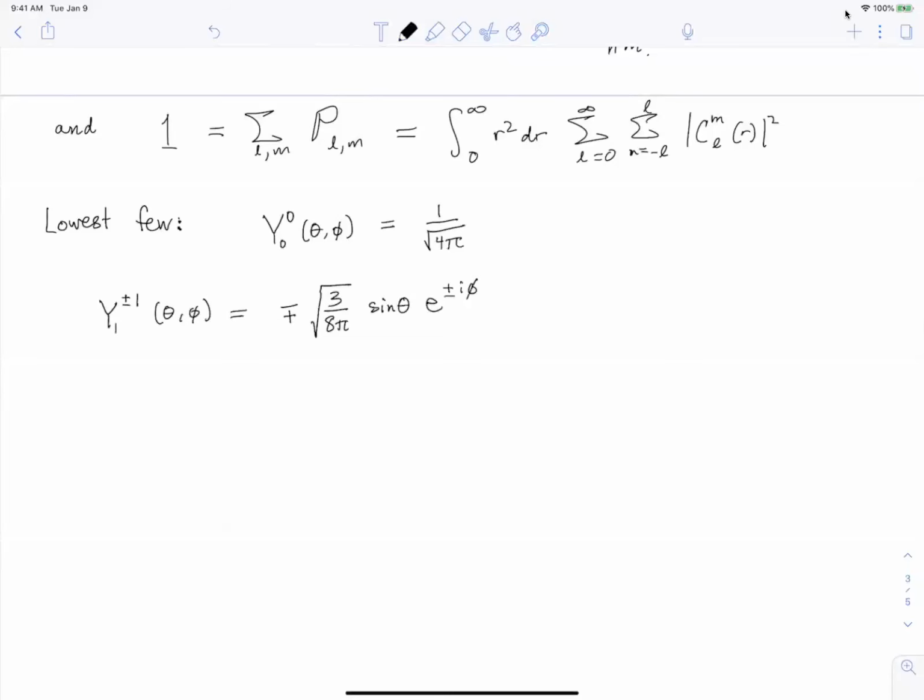So again, by knowing what M is, you automatically know what the M dependence is. It's just the exponential of i M phi. Okay, and then a useful thing to notice about this is this thing is largest for theta equals pi over 2, which is in the equatorial plane.